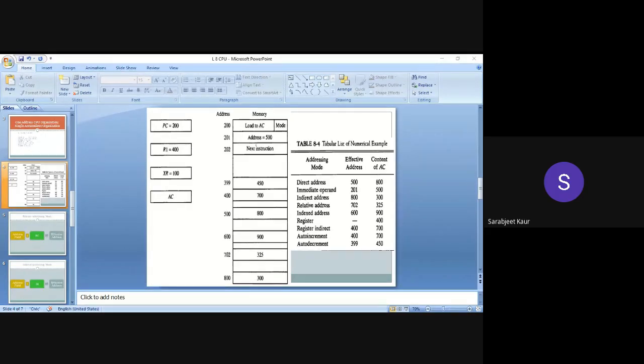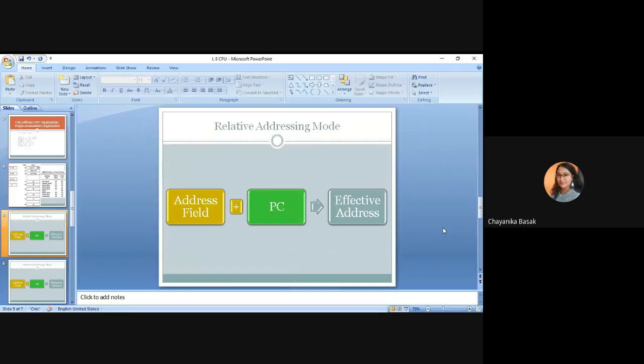Okay. Now, this is about the addressing modes. Excuse me, ma'am, are you still on slide number 4?